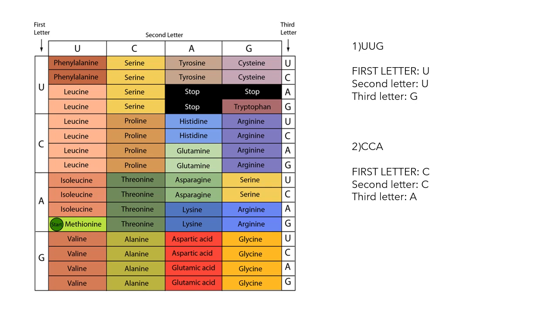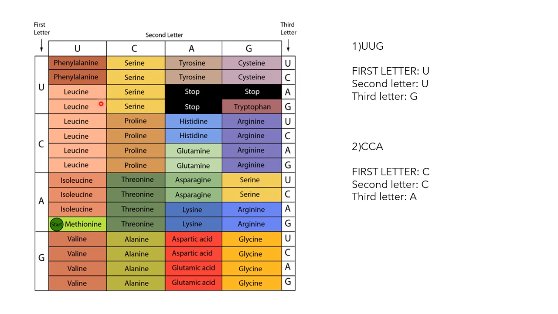Okay, so last slide of this video. We will just revise how to read this codon table, and we will try to find out which amino acid these two codons code for. Okay, so the first letter we refer to in the rows, then the second letter we find in columns, and again the third letter we find in rows.